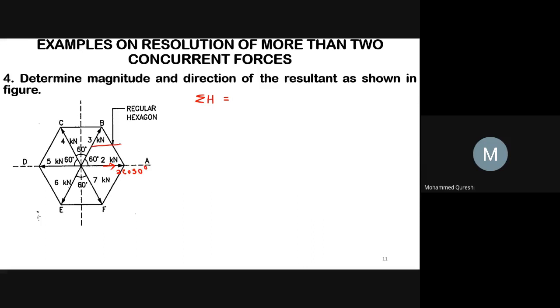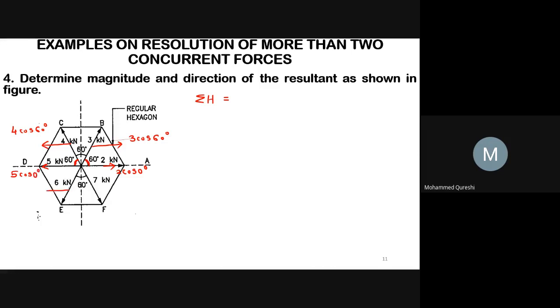Here 3 cos, making an angle 60 degree with the horizontal. Here 4 kilonewton, 4 cos, making an angle 60 degree with the horizontal. Here 5 kilonewton, it is on the same line of action, hence our angle will be 0.